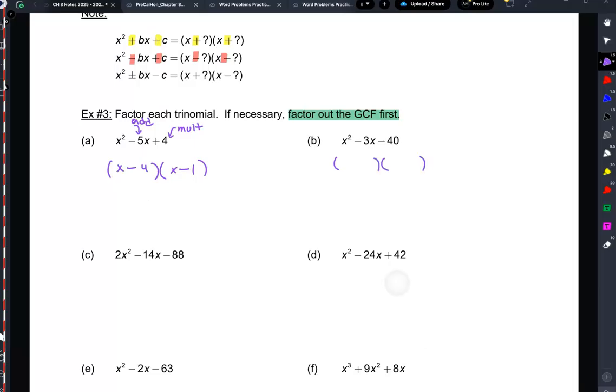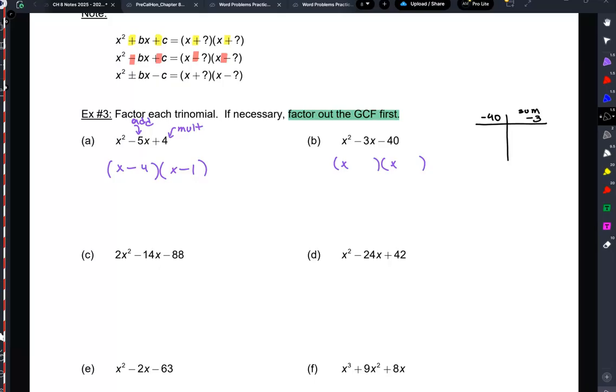Now this one is minus minus, so I don't know here. The signs can go either way. So let's see. I put negative 40 here, right? That's what I want them to multiply to. And then what do we want them to add to? -3.